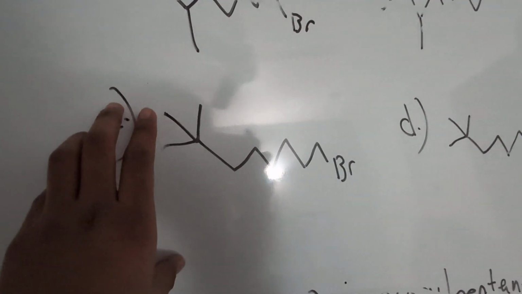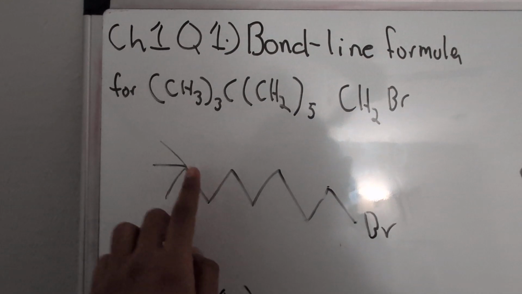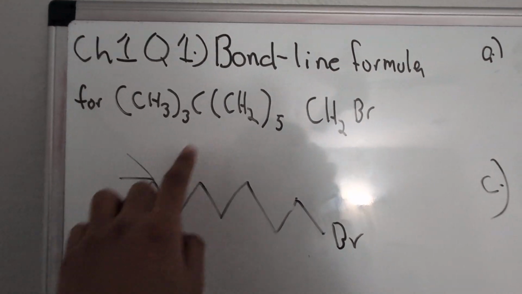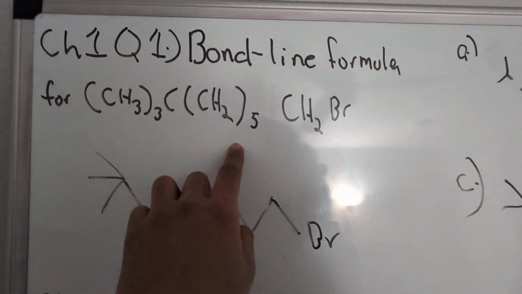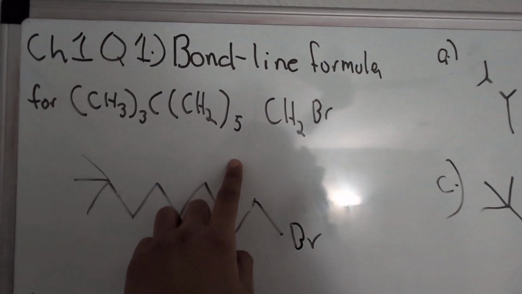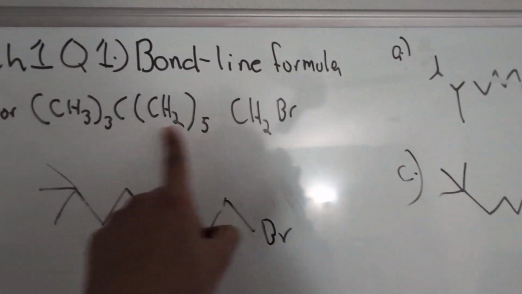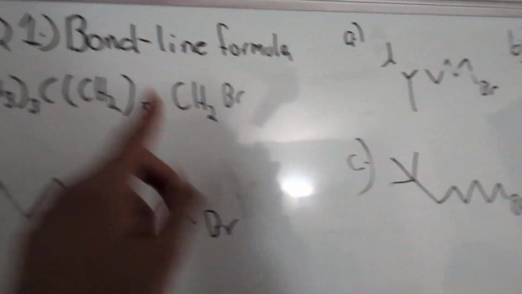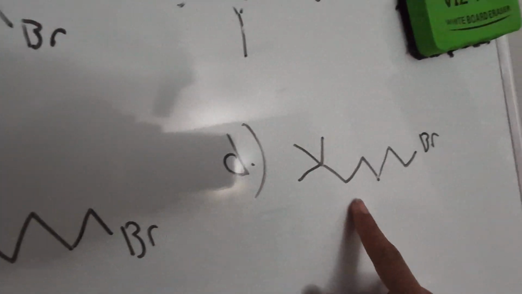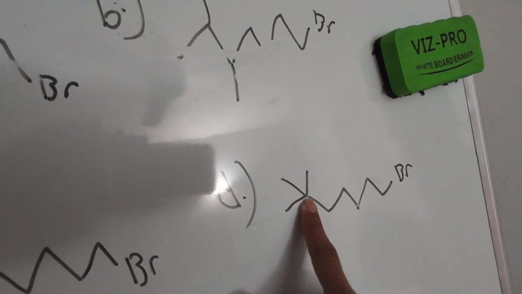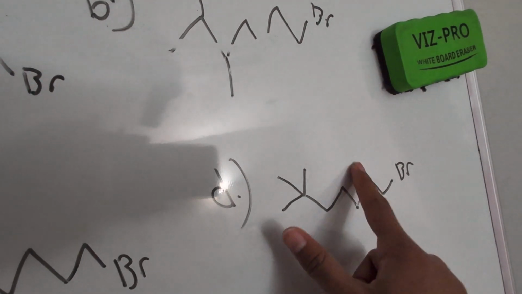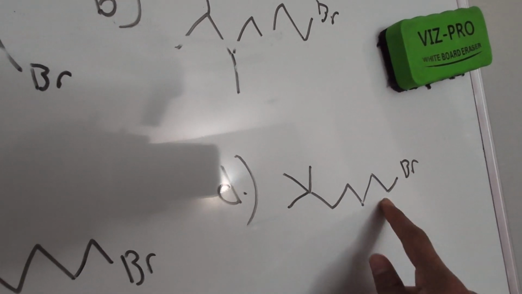Now we know this one is the correct answer. And this says that the carbon that's connected is connected to 5 other carbons, which is then connected to a carbon that's connected with a bromine. So that's 6 carbons in total. When we count here from the second carbon, we have 1, 2, 3, 4, 5.